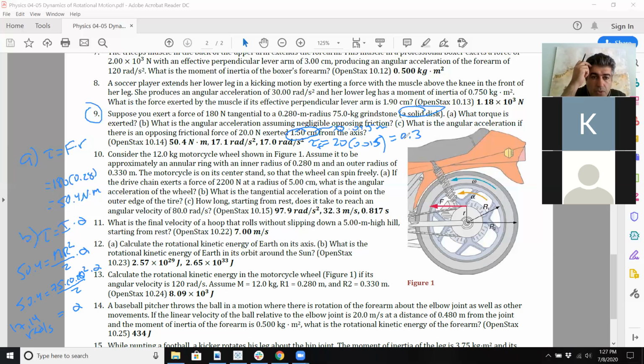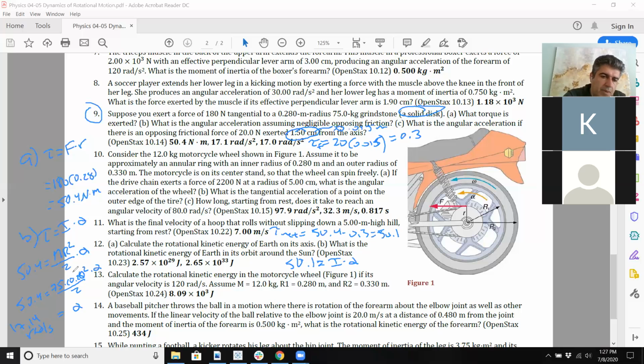Now remember, our original torque was 50.4. So my tau net will be what I applied minus the friction, which is 50.1. Then 50.1 equals my inertia times alpha.